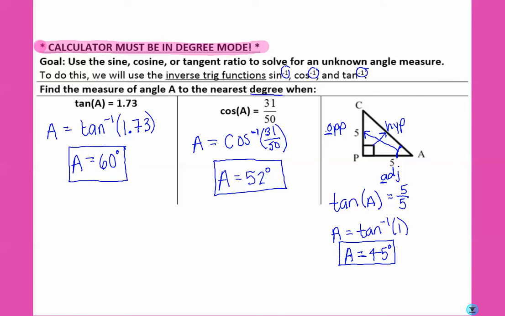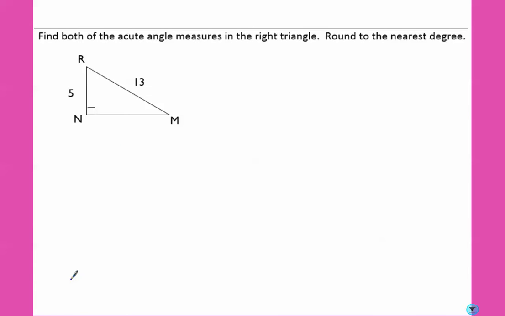For our final example, find both of the acute angles in the right triangle. Round to the nearest degree. So we're going to round to a whole number. Which one do you want to find first? Let's find M first. This is M, that's angle M. Across from it is our opposite side, and across from the right angle is our hypotenuse, and the other side is our adjacent. Since we know the opposite side and the hypotenuse, we're using which ratio?